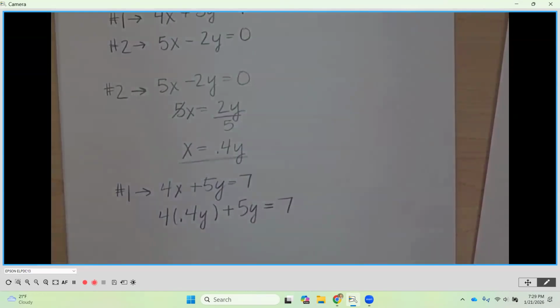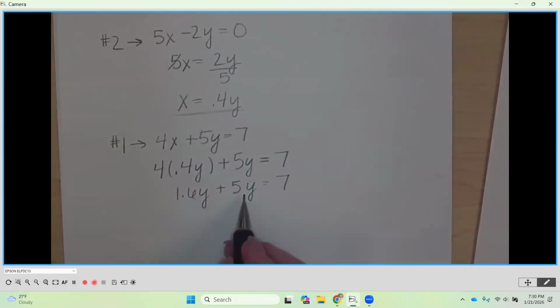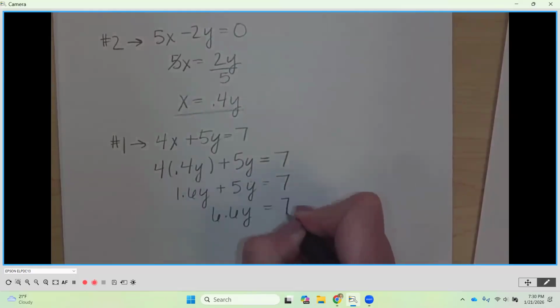Okay. So if we take 4 times 0.4, it's going to be 1.6y plus 5y is equal to 7. And then we're going to add those two together. It's going to be 6.6y is equal to 7.